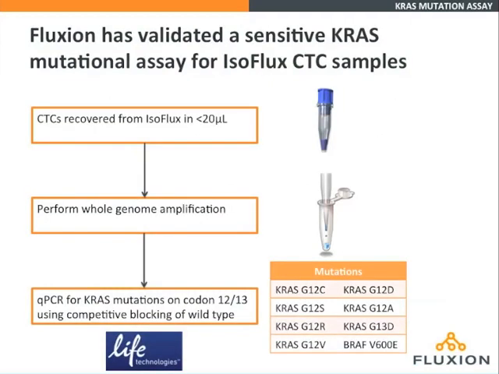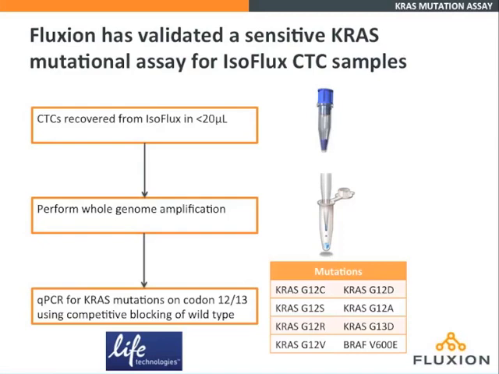All right, so I'm briefly going to talk about the actual mutation detection workflow. So this is what happens after the sample comes out of our instrument in this tube, basically in this hanging drop that's 5 microliters. We suspend that in 20 microliters and then perform whole genome amplification. That is necessary so that the sample can then be divided and we can look at a panel of multiple mutations.